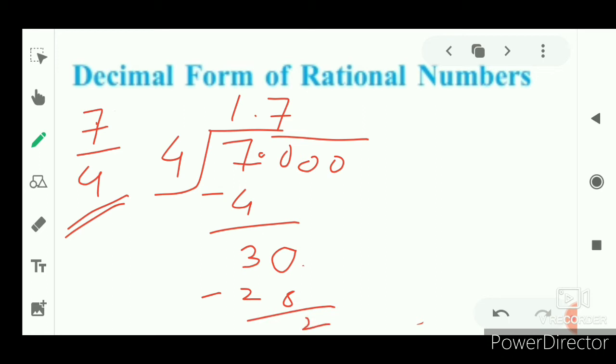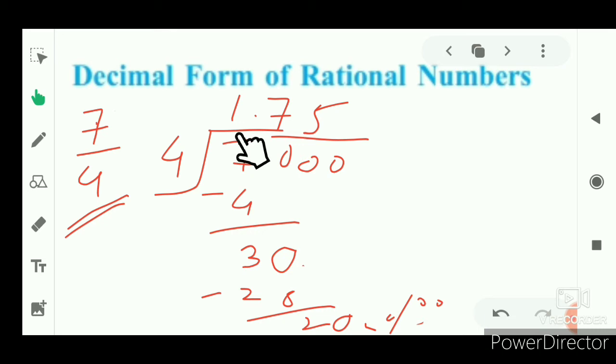Now we will take a point, 1 0, 4 fives are 20. So the decimal form of 7 by 4 is 1.75. 1.75 is the decimal form of 7 by 4.